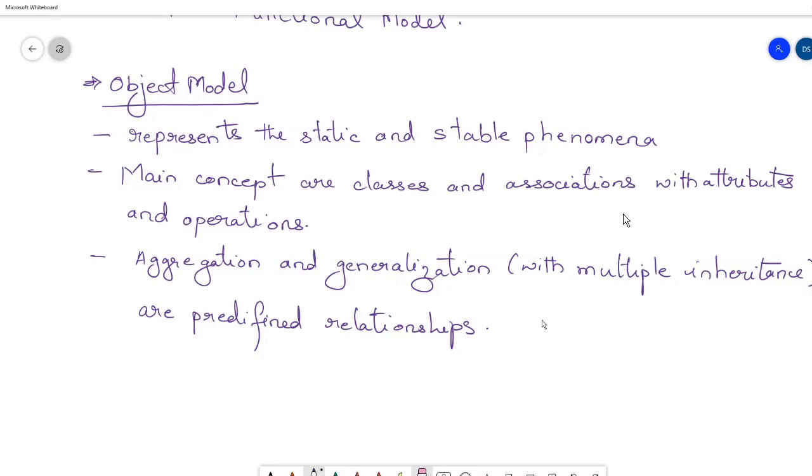Remember this, we will be studying all these models in very detail. This is one of the OMT techniques, the object modeling technique. In the further classes, we'll see how the object model is designed, how the dynamic model is designed, and how the functional model is designed. So let's see about the dynamic model.